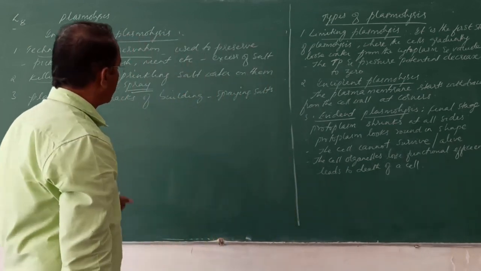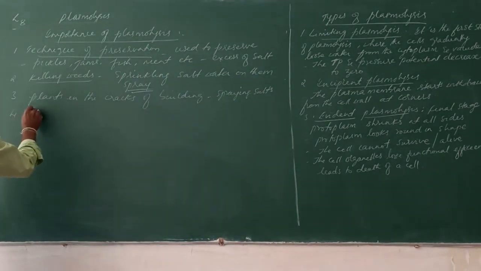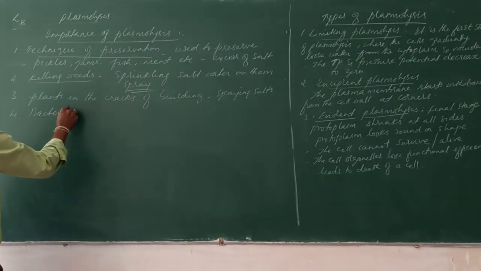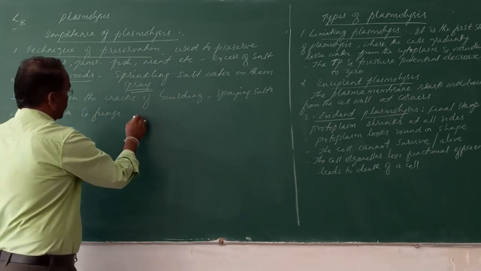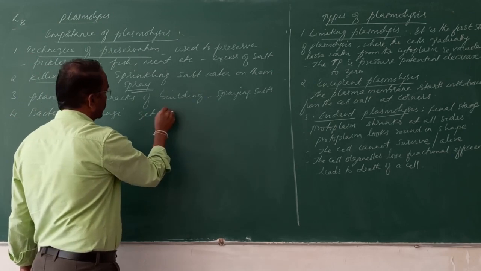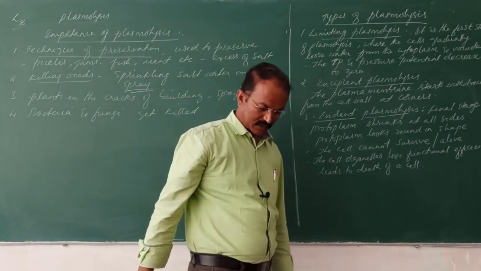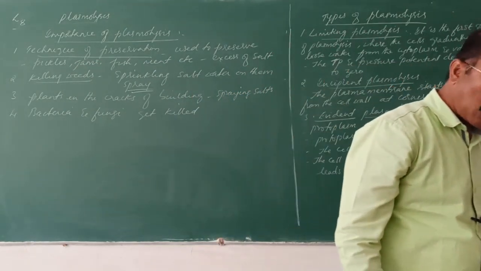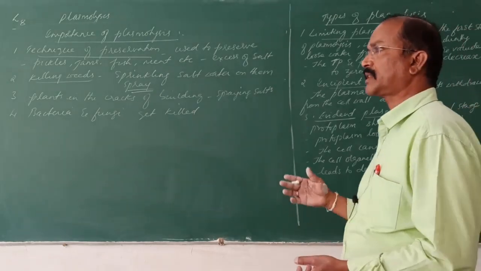And bacteria and fungi get killed by plasmolysis. If more and more salt is added, these bacteria and fungi get killed by plasmolysis, and it increases the shelf life.